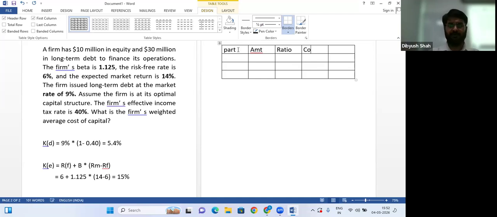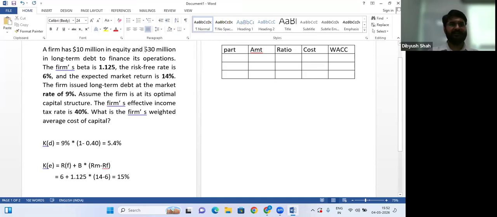Here you have cost and final column, column 5 is column 3 into column 4. So first we generally write debt. So debt is 30 million. And equity is 10 million. So total is 40 million.